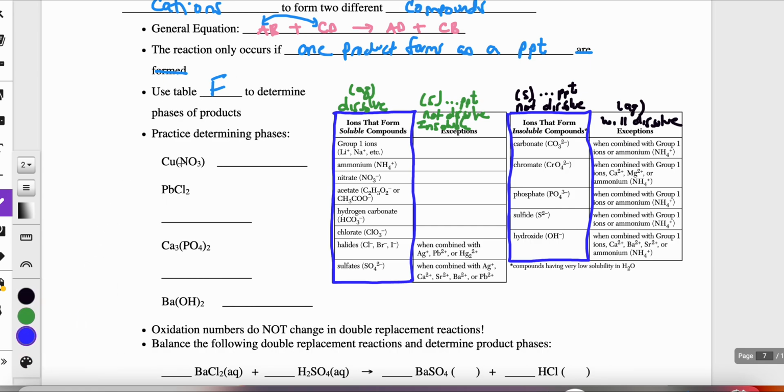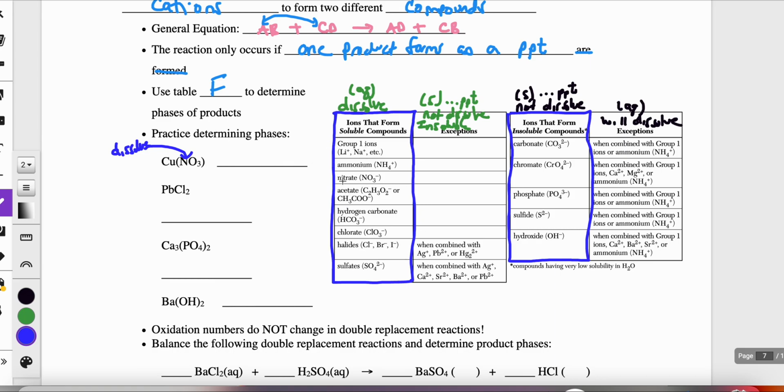So here we go. Our first example is CuNO3. Take a look down the blue highlighted columns. Do you see Cu in either of these columns? No. So find its partner, NO3. Here is NO3, nitrate. This is the one that we found in the blue table. Nitrates are typically soluble, so I'm going to write dissolve. Compounds containing a nitrate typically dissolve in water.